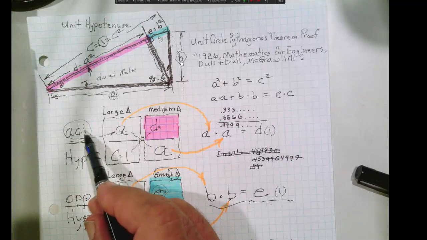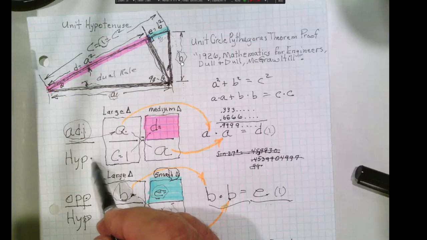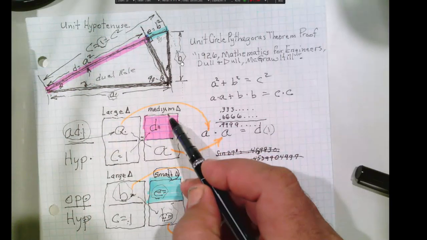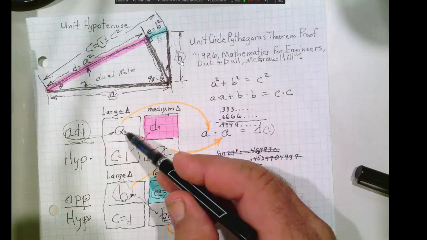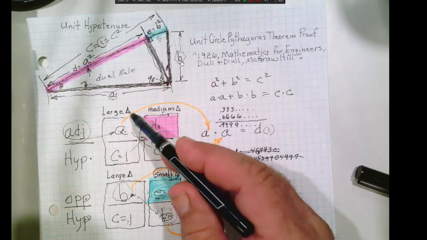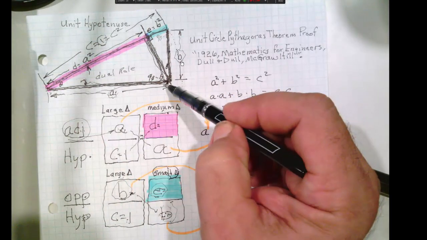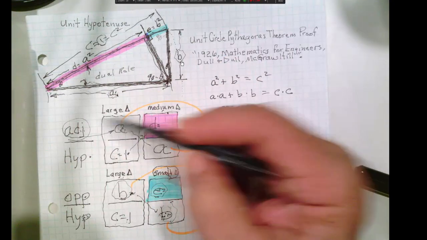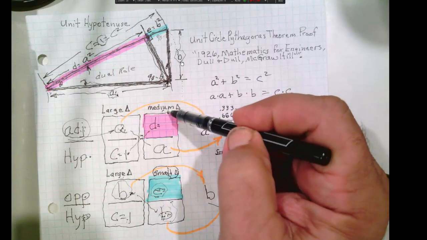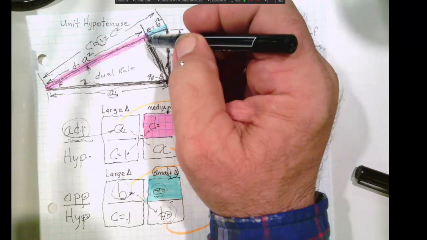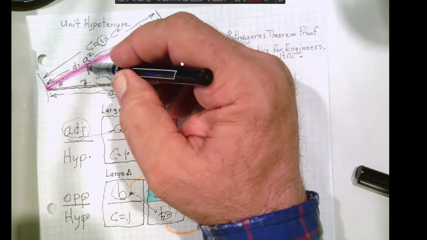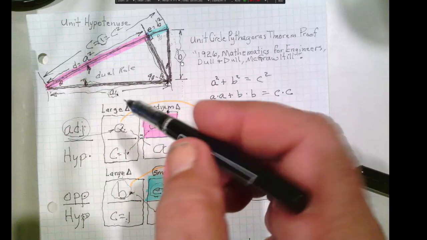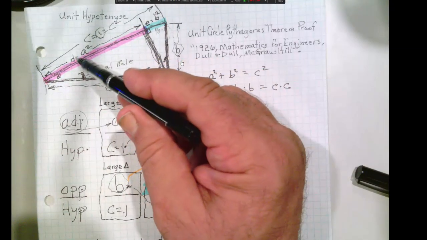For the ratio of the adjacent side to the hypotenuse of the large triangle, and the same corresponding sides, adjacent to hypotenuse for the medium-sized triangle, we get: for the large, the adjacent side is here, that's A, and the hypotenuse is C, okay, A over C. And the adjacent side over the hypotenuse for the medium-sized triangle: here's the adjacent side right here, and here's the hypotenuse of the medium-sized triangle. Okay, so that's D over A.